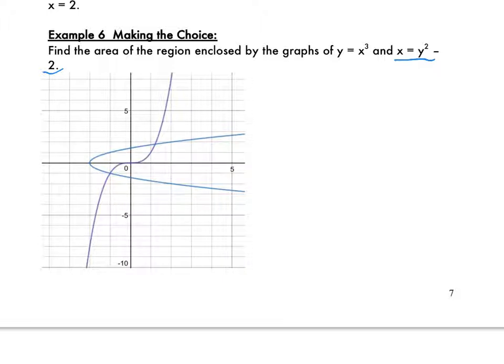Now if I want my purple one here, I need to change this to a purple, so bear with me. This is going to be x is equal to y to the 1/3. Okay, so farther minus nearer.